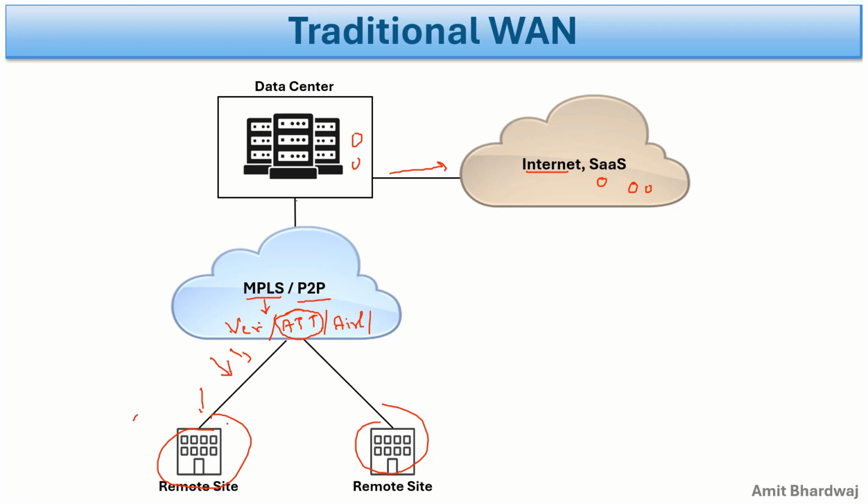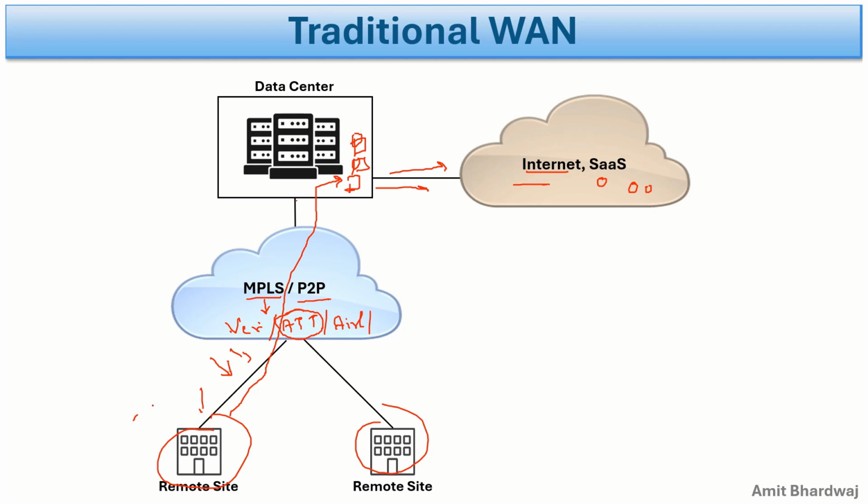Hence, the path for the remote sites to access the data center applications was via the MPLS. From the MPLS, there were firewall security assets in place, which used to perform that cleaning of the pipe or that posture check. Everything was taken care of at the data center, and from there, it was sent towards the internet or the SaaS applications.